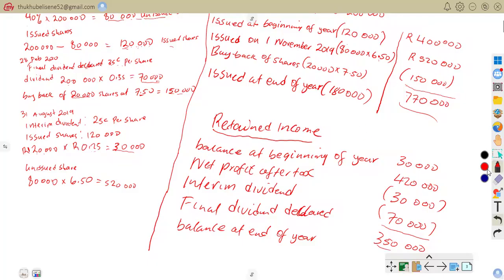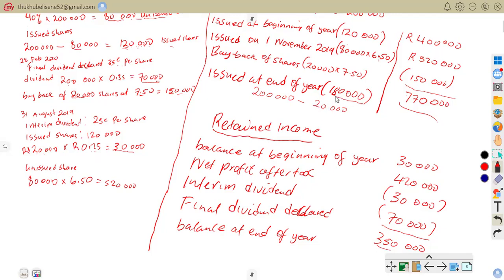Before we go to 2.3, I remember something. One can ask, where did we get this issued share at the end of the year, or 180,000? These are the number of shares at the end of the year. This is where we said the ordinary share capital, the ones that we invested in the first of our financial year, minus 20,000. 20,000 is the shares that we bought back.